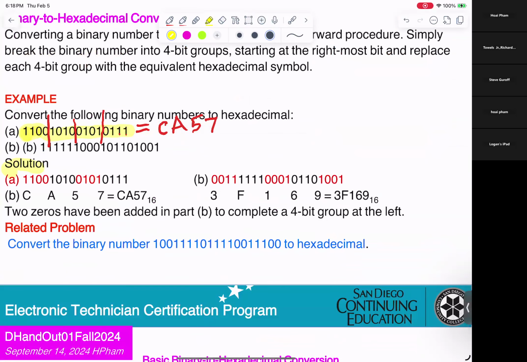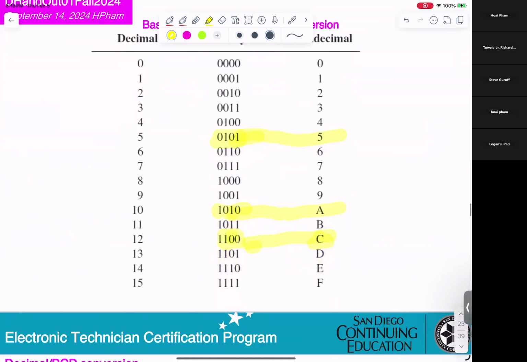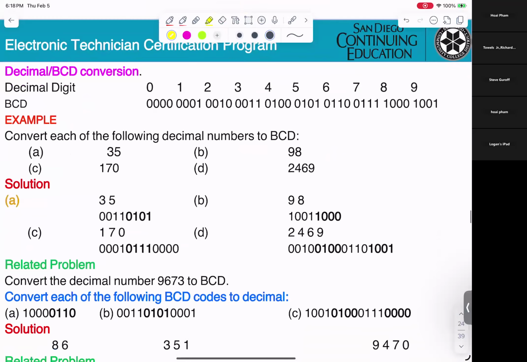The last one, 0111, number 7. Very easy. However, after a while, you get a lot of practice. Like now I say 1 and 1 and 1 and 1, I know that hex will be F.